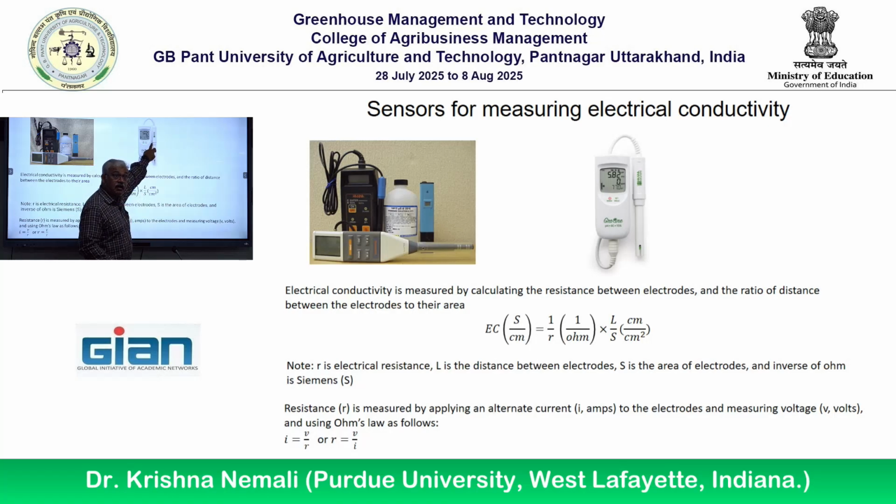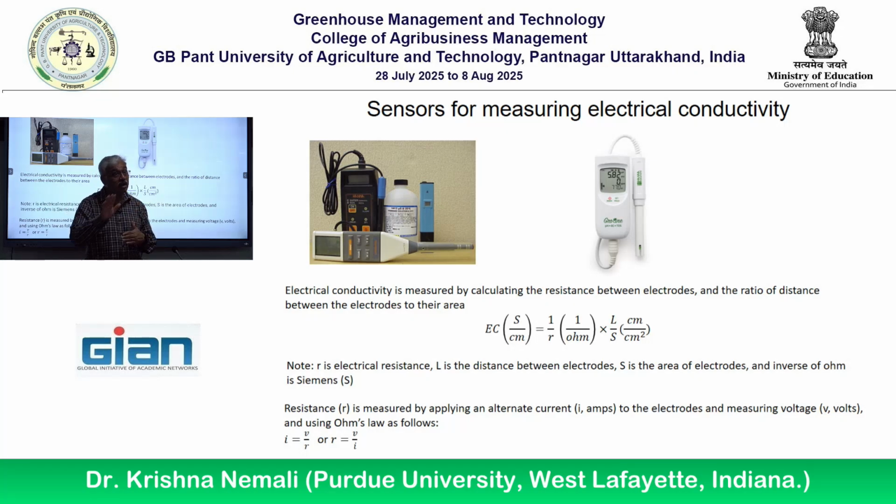There is a good reason why this EC meter also measures temperature, because it uses that number and adjusts the EC value automatically for you. It adjusts that EC value for the laboratory calibration, and that is why it measures the temperature. So it is automatically adjusting the EC value for us.